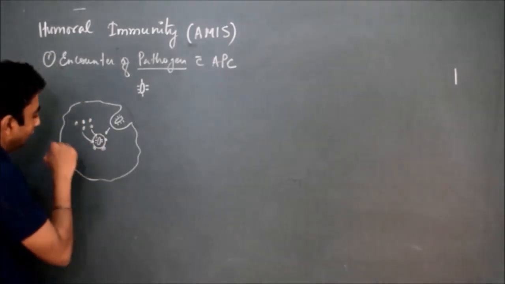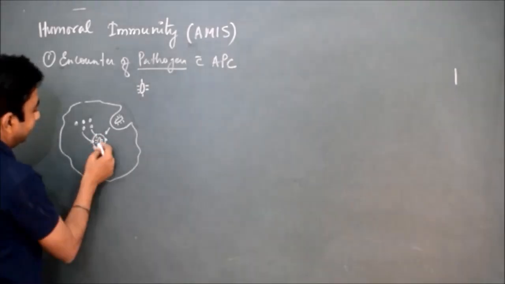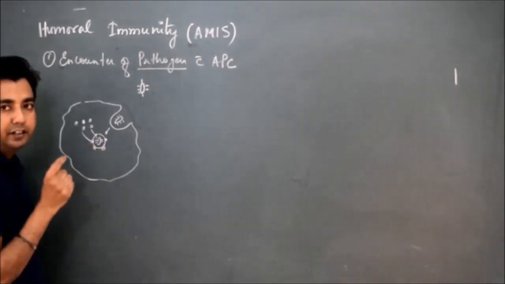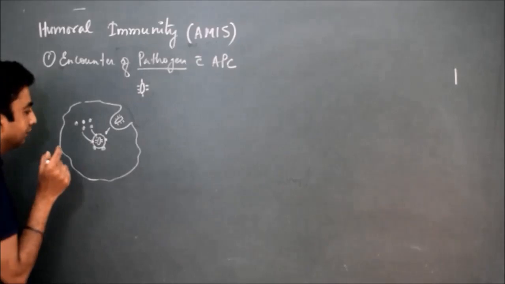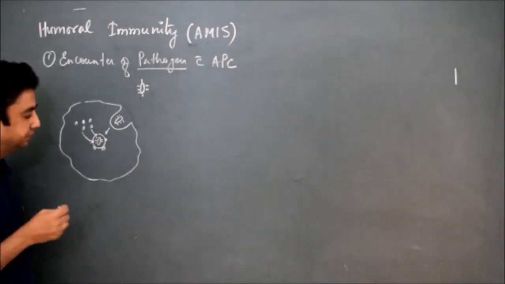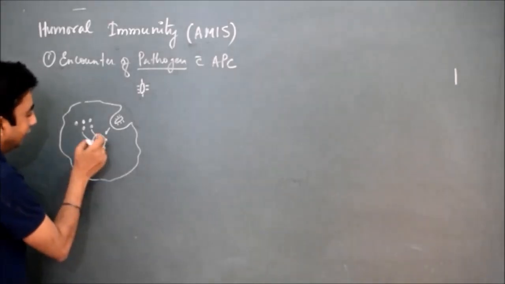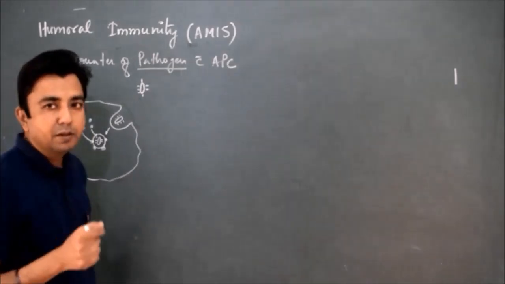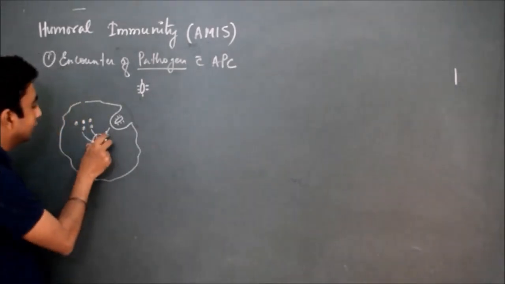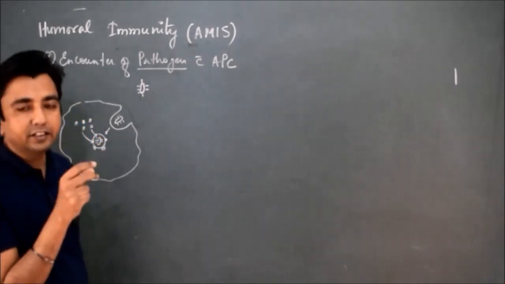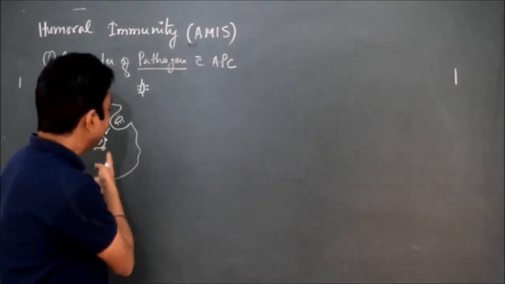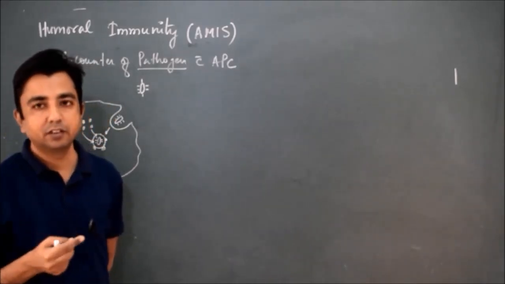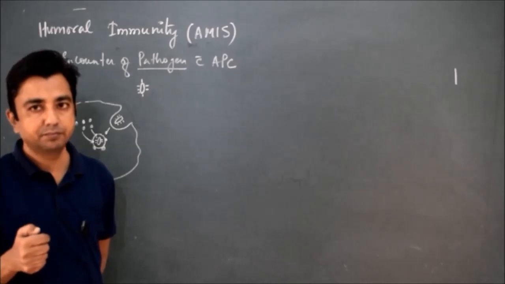Now after this all the content in the bacteria is digested by the hydrolytic enzyme. Now in phagocytosis, if you remember, once the pathogen is digested, it is removed from the cell through exocytosis.